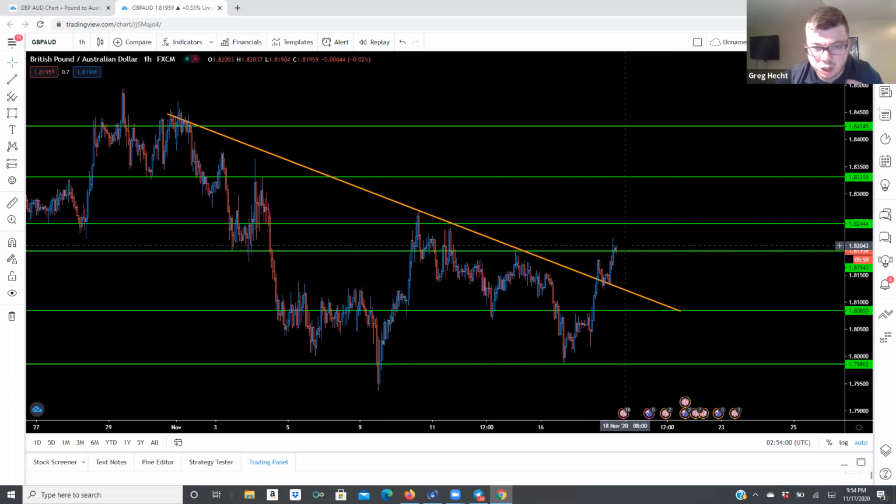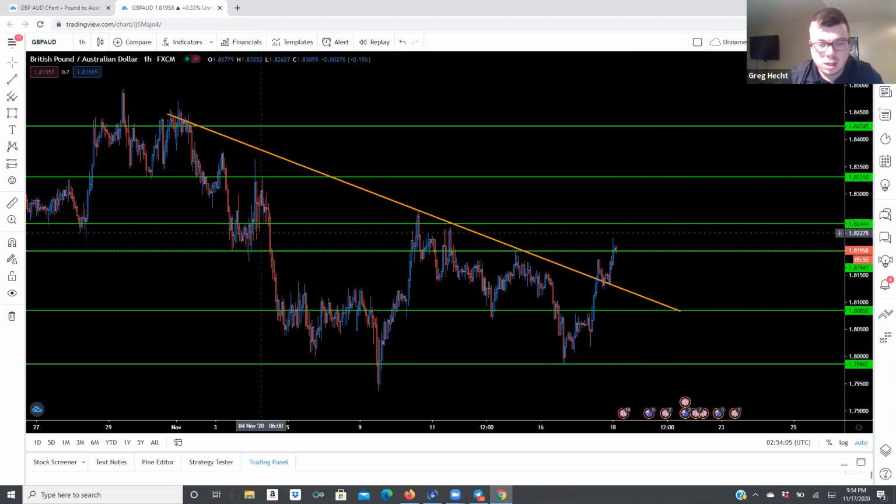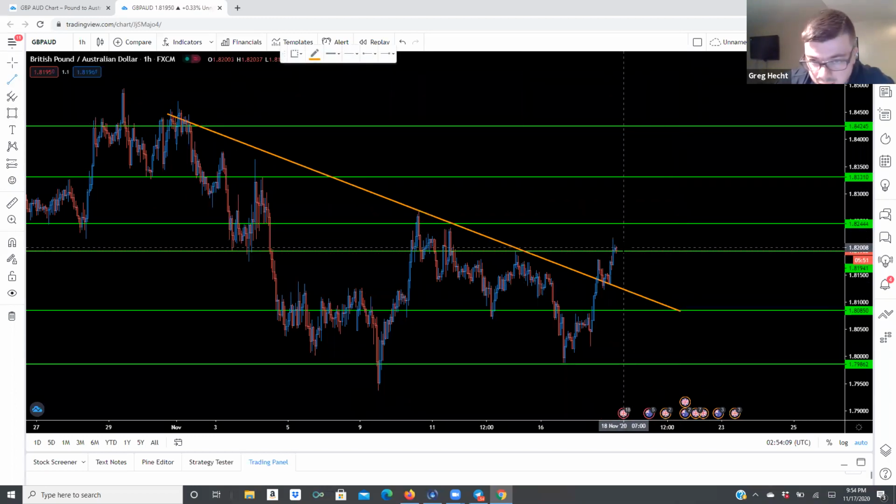It's just right in between support and resistance, sitting on that line. So now what I honestly want to see is what it already technically did. It came right down, retested this area, and now I want to see it come up here.